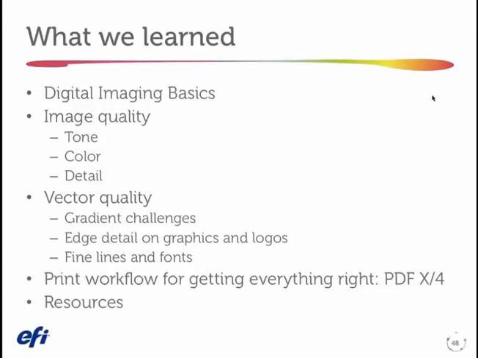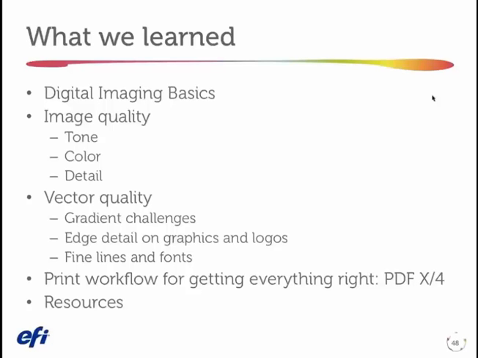We learned about image quality and how to adjust image color quality, first by adjusting tone, the lightness and darkness of the image, then with color adjustments, which might include color balance or cast correction, again typically using the curves, might also include some selective color correction for a particularly picky customer, but very rare that we should have to use that. Finally, for an image to look proper, it needs to have the right level of detail. That means I need to have enough resolution in that image for the size at which I want to physically print it on the page.